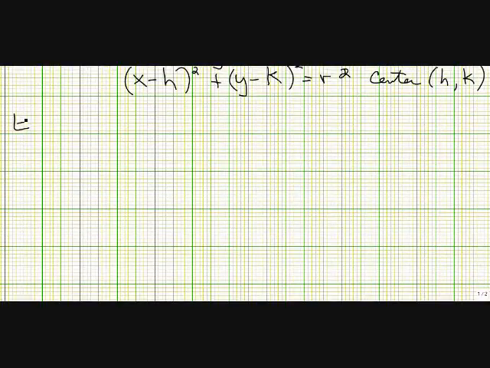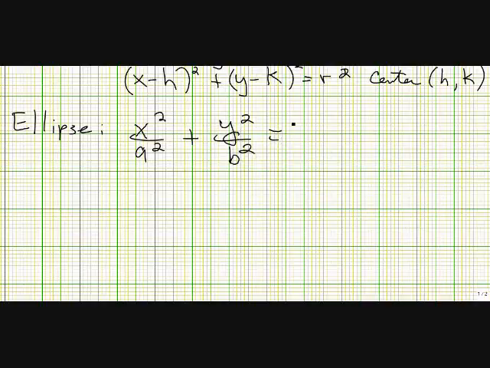So let's look at the ellipse. We have x squared over a squared plus y squared over b squared equals 1. That gives us the center at the origin.